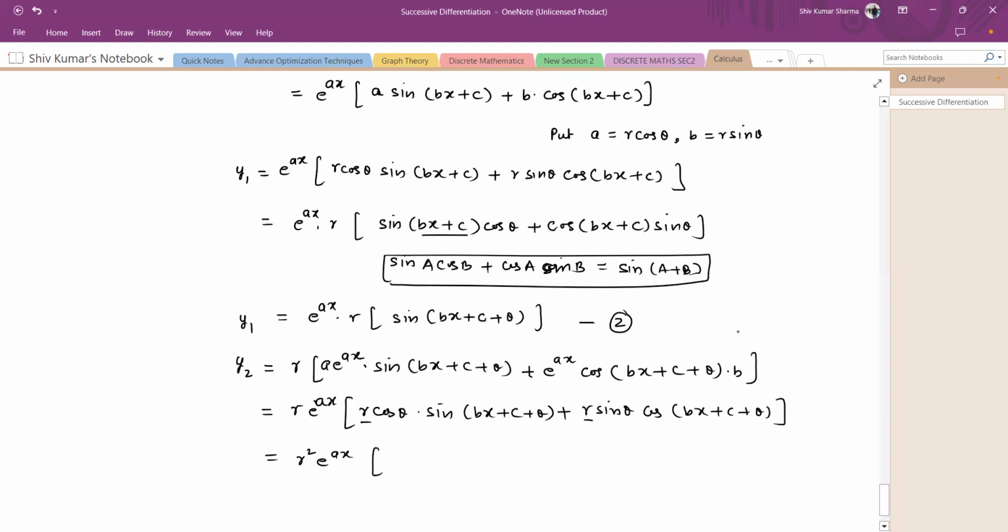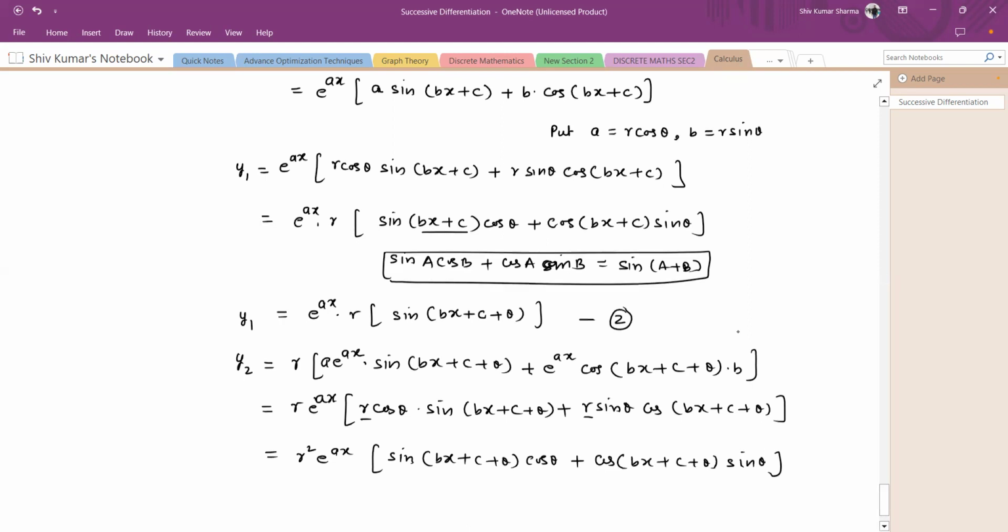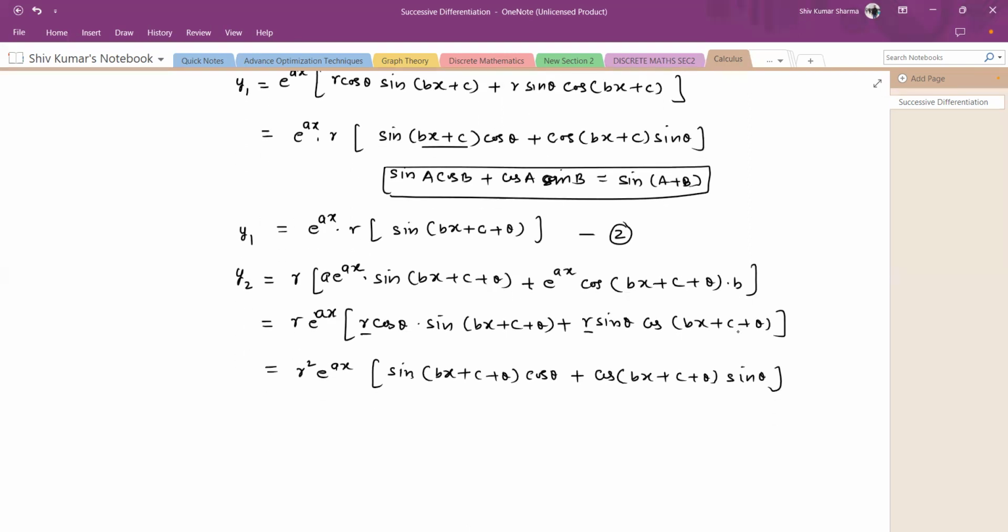Again we make a formula in this way. So we write sine(bx + c + theta) into cos theta plus cos(bx + c + theta) into sine theta. So again we use this formula sine a cos b plus cos a sine b means sine(a + b).